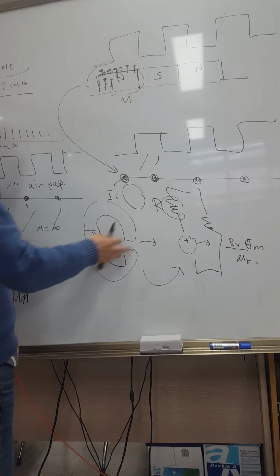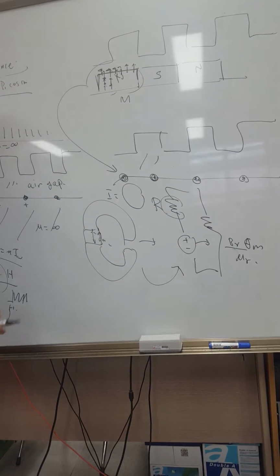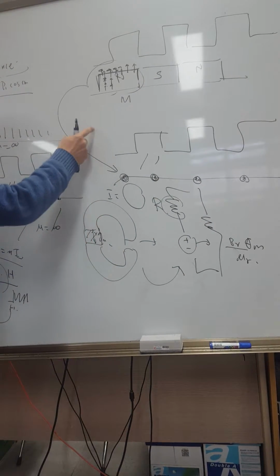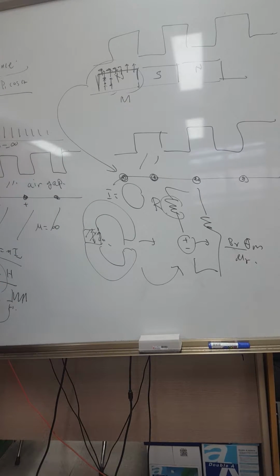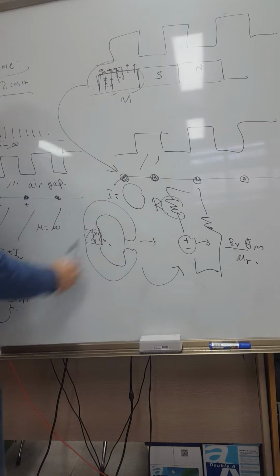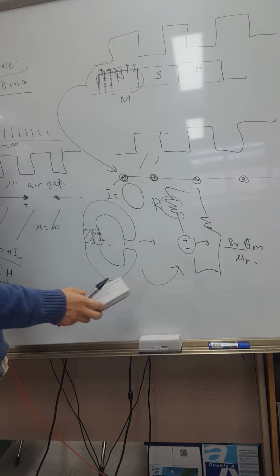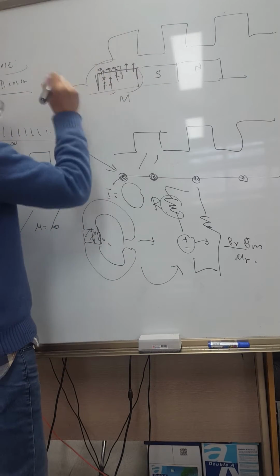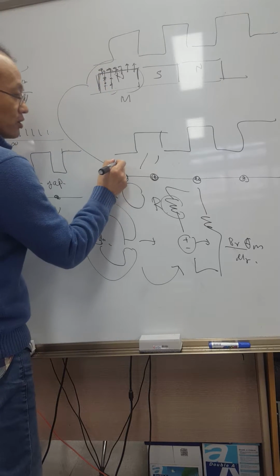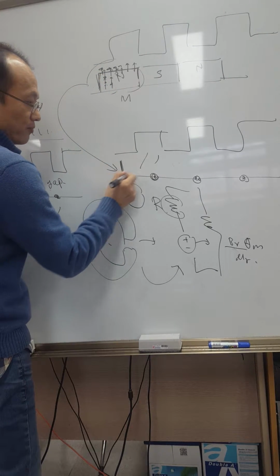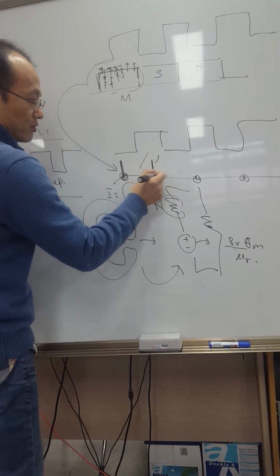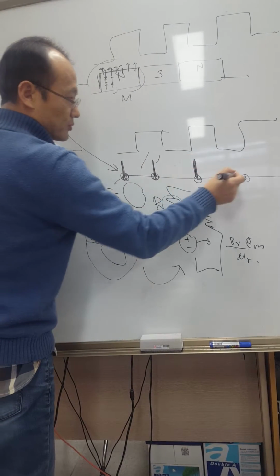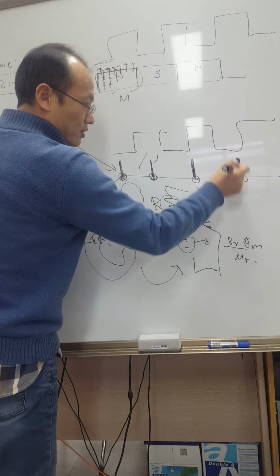This structure can be replaced by this equivalent circuit, but in this situation it should be different, because actually it should be replaced by the surface current.